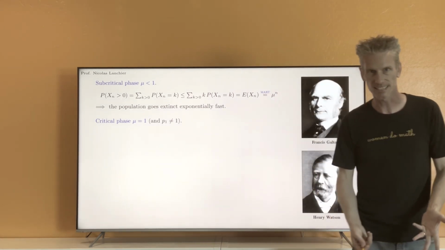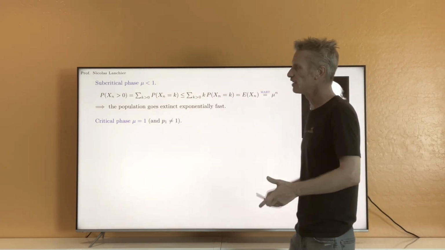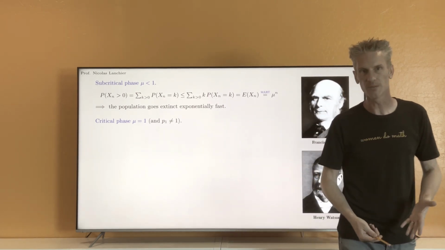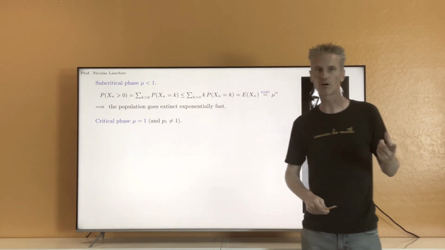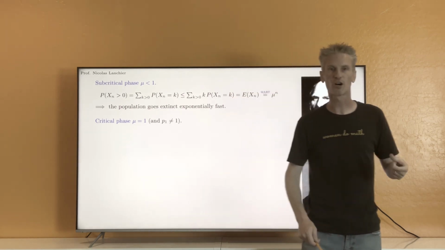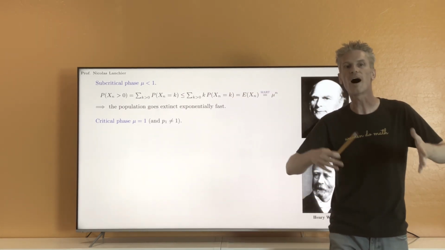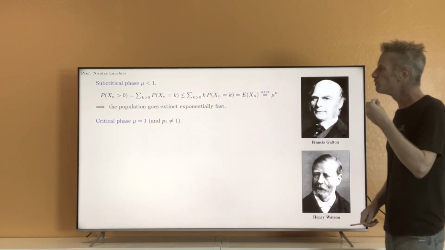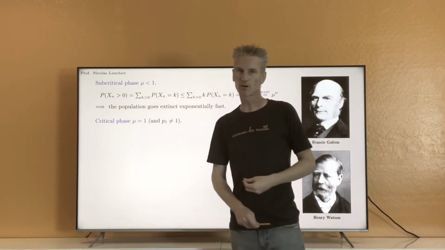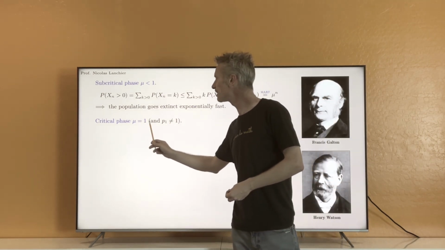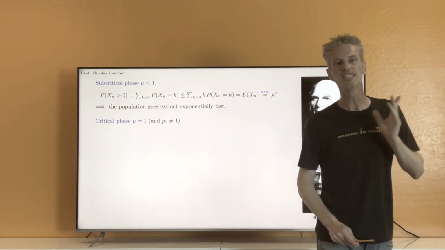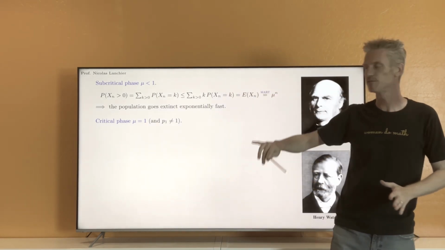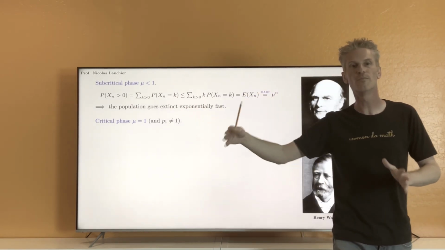It's not really exciting. Okay, so now before I show you the proof, I want to give you some intuition on the reason why, if we assume that P1 is different from 1, but still the expected number of offspring per individual is equal to 1, we intuitively expect extinction. So the idea is that if P1 is different from 1, the only way you can make the average equal to 1 is if P0 is strictly positive, and some of the pk's for k larger than 1 also must be positive.